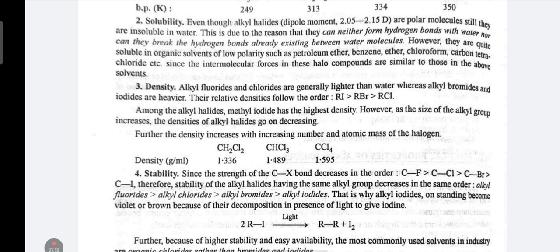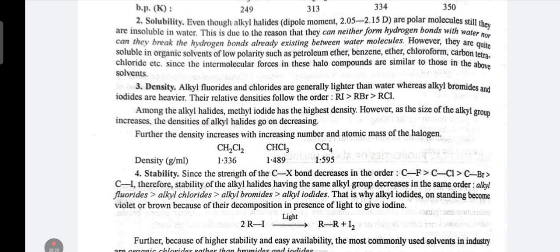However, they are quite soluble in organic solvents of low polarity such as petroleum ether, benzene, ether, chloroform, carbon tetrachloride, etc., since the intermolecular forces in the halo compounds are similar to those in the above solvents.